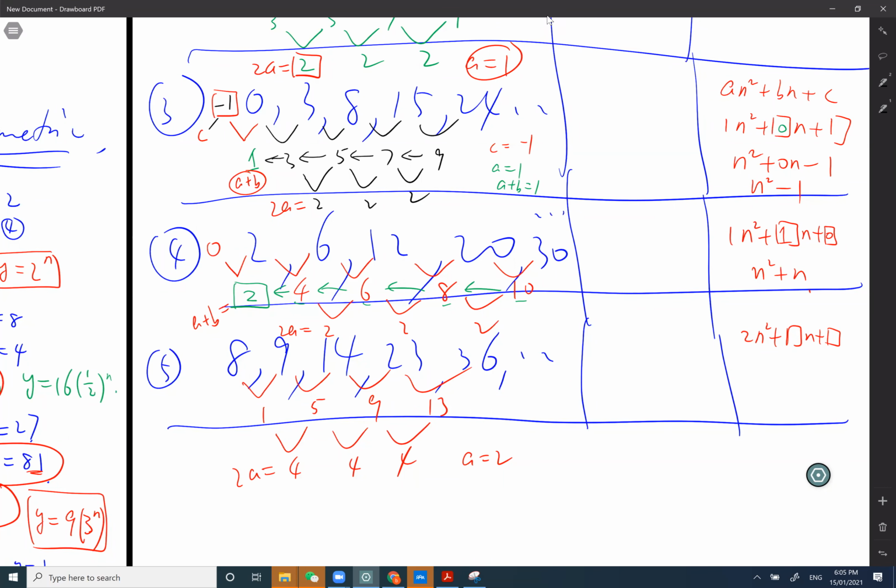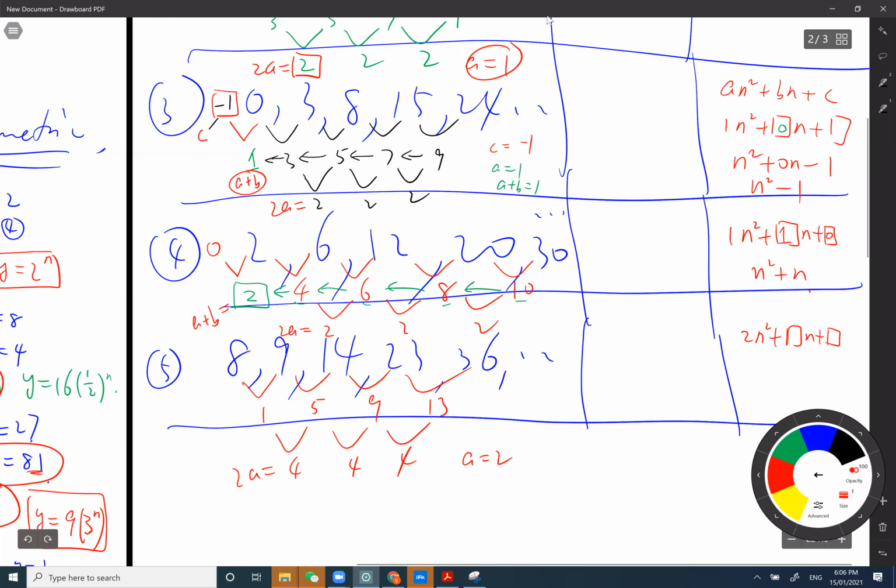Based on here, what's the previous one? The previous one will be a plus b. Victoria, what's the previous one? Very good. a plus b will be -3. a equals 2 already. Victoria, what's b? Very good.